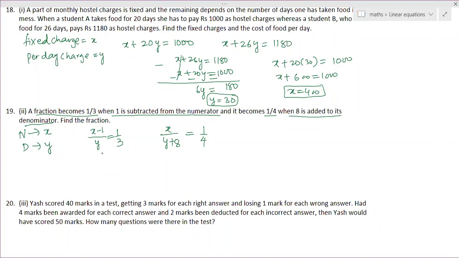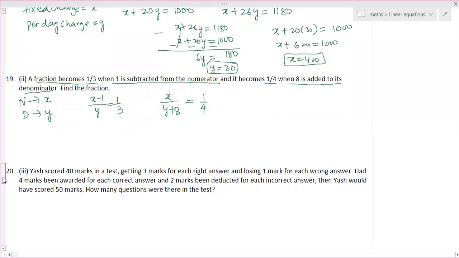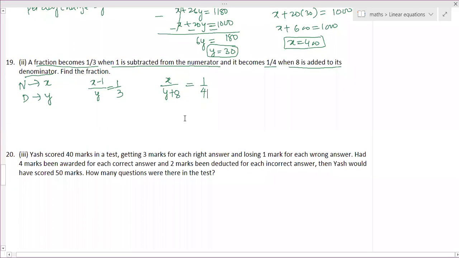For the next one, I got x is equal to 15. Yes, right. So this equation is done, 5 by 12 is the fraction.